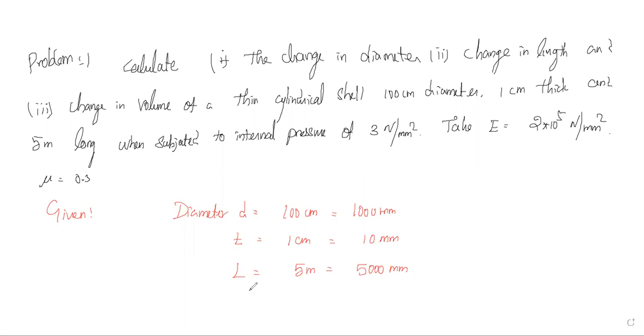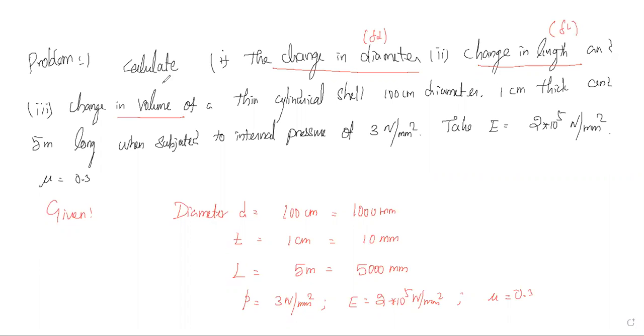They have given internal pressure p is equal to 3 Newton per mm square, Young's modulus E is equal to 2 into 10 to the power 5 Newton per mm square, and the Poisson's ratio mu is equal to 0.3. Now we have to calculate the change in diameter del D, change in length del L, and change in volume del V. So these things we have to calculate now.